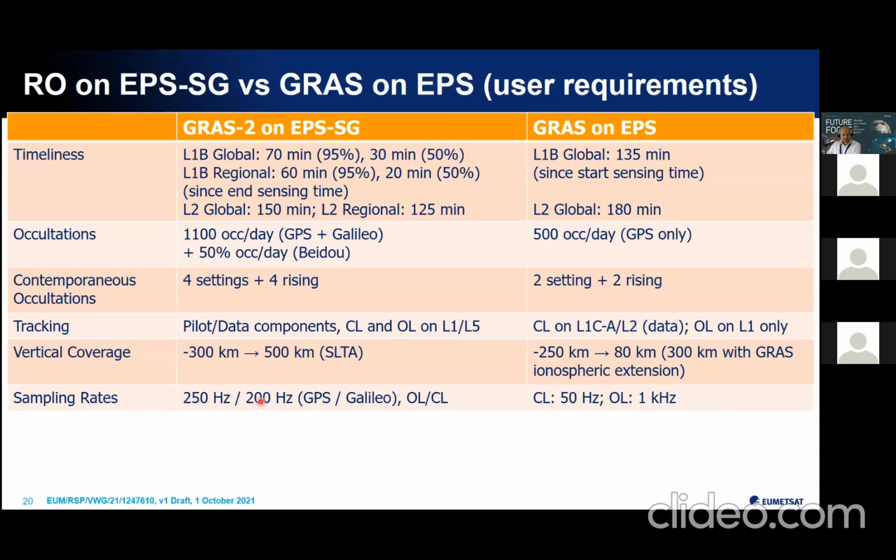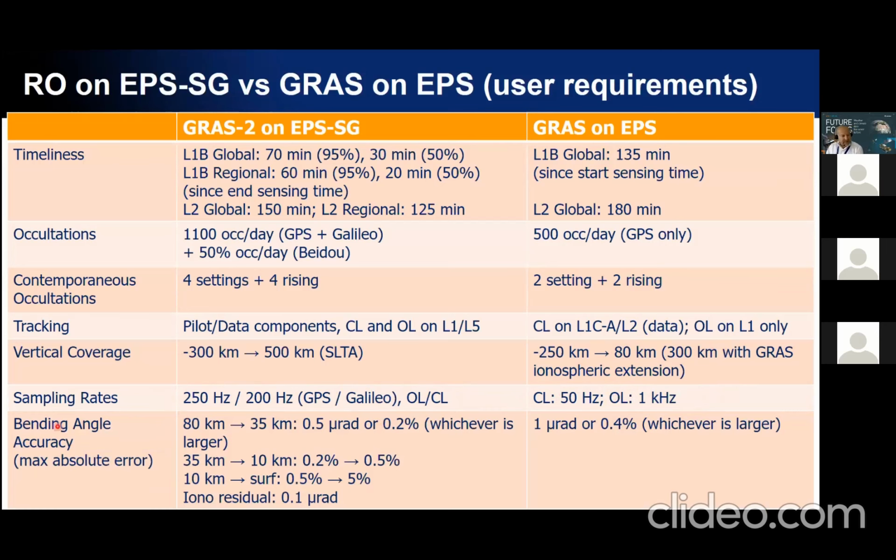Sampling rates are 250 Hertz or 200 Hertz, depending on whether the signal is from the GPS or Galileo constellation. Open loop and closed loop share the same sampling rates, while GRASS is measuring occultation in closed loop at 50 Hertz, and in open loop it is applying a sort of raw sampling at 1 kilohertz.